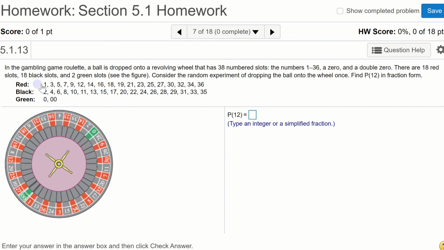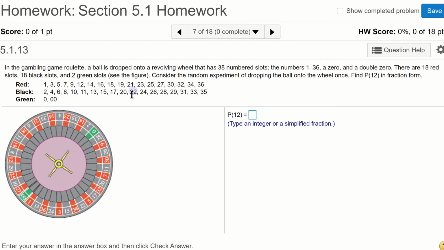So 18 reds, 18 blacks, and this is the reason the house always wins, because you don't just have those two, do you? Otherwise, this would have probably been the best probability, and I think it still is one of the better odds of winning in Vegas anyway. But when you pick red or black, you don't exactly have a 1/2 probability of getting it right, because there are these two that throw things off.